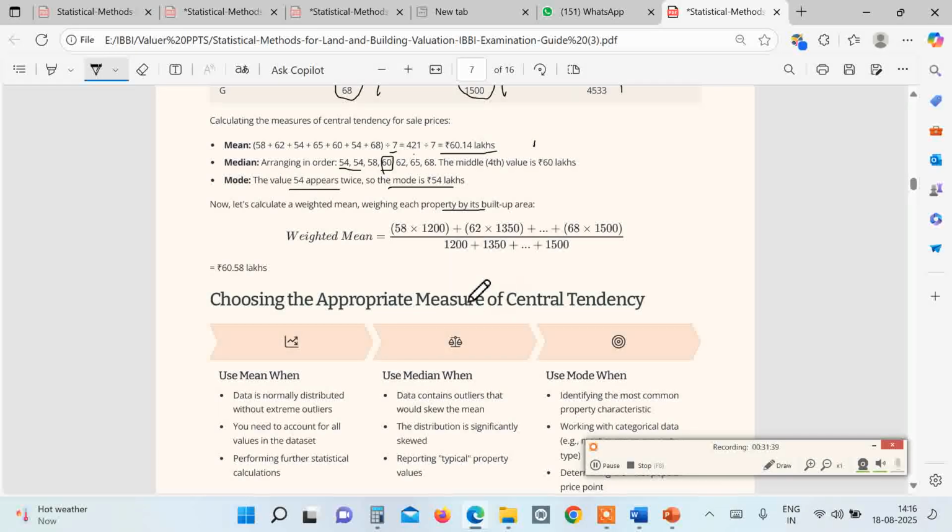And if you calculate this, this will come out to be 60.58 lakh. So see here, which method you will be using for calculating or assuming the value, which central tendency will be appropriate for a particular case.